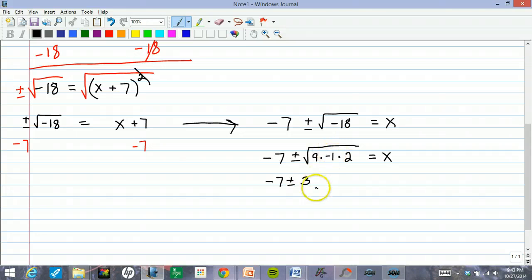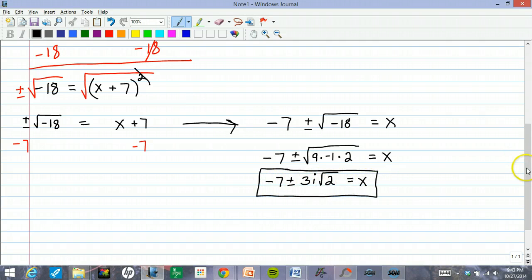Plus or minus the square root of -1 is i. And therefore we're left with the square root of 2 inside, which does not simplify, and we're done. These are our non-real zeros: -7 plus 3i times the square root of 2, and -7 minus 3i times the square root of 2.